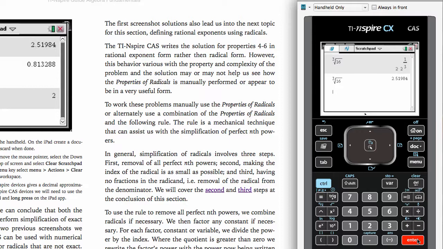So that's the difference between the two different models. And the same thing happens when we're doing a quotient and when we're doing an index inside of an index. Both models, since the answer turns out to be perfect, it's going to be written as a numerical answer.